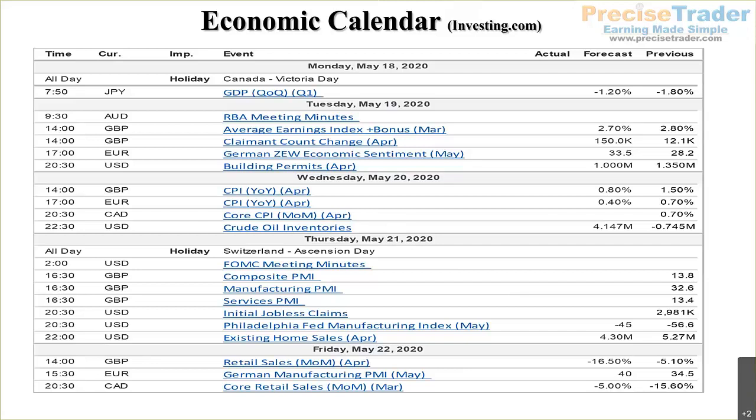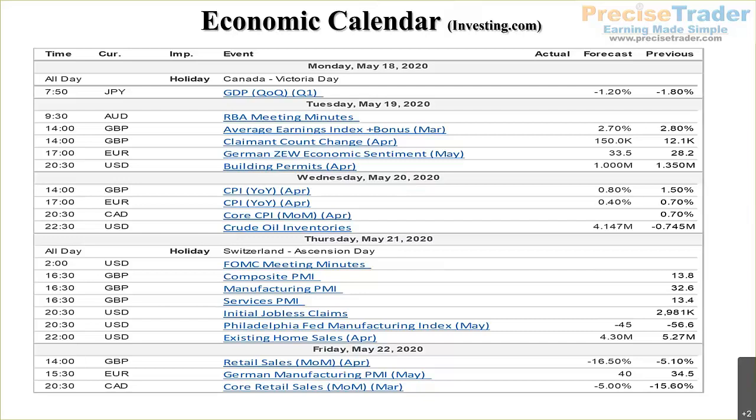Then Thursday we have pound composite PMI, manufacturing PMI, services PMI, followed by US dollar initial jobless claims, Philadelphia Fed manufacturing index, and existing home sales. Friday again we have pound retail sales, Euro German manufacturing PMI and Canadian core retail sales.